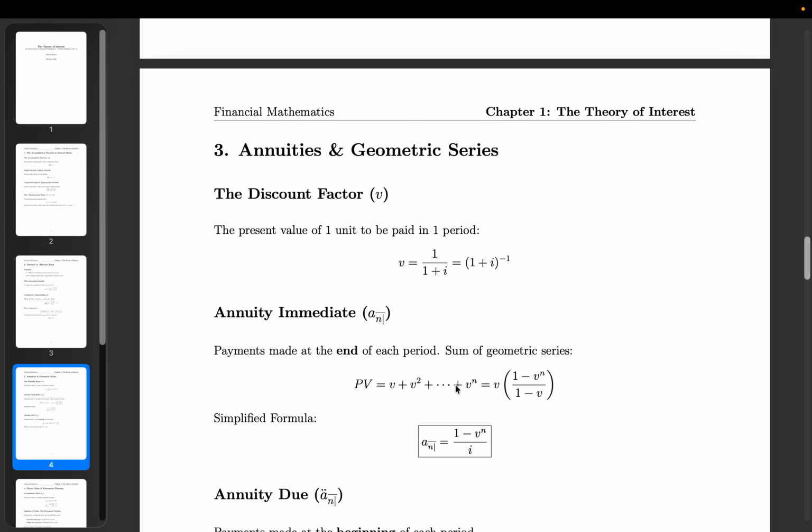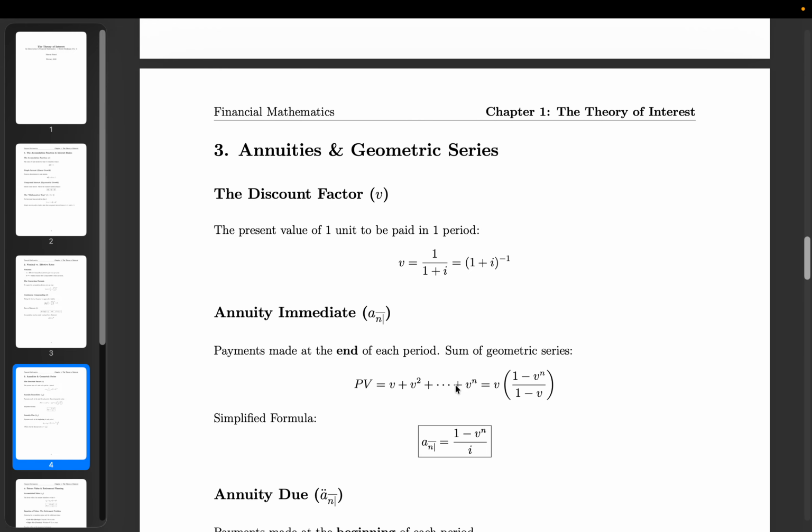If you remember high school algebra, a geometric series looks like this: 1 plus r plus r squared plus r cubed, and so on. In finance, our r is actually a discount factor. We call it v.